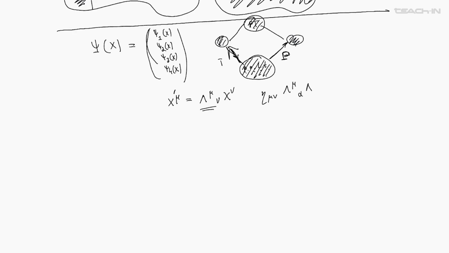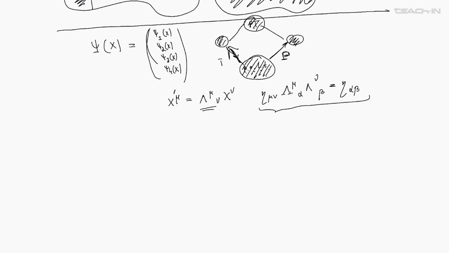That's a defining property of the Lorentz transformation, which actually tells you what a Lorentz transformation is. A Lorentz transformation is a linear transformation of space-time coordinates which preserves the Minkowski metric. And this is exactly what is written down here.